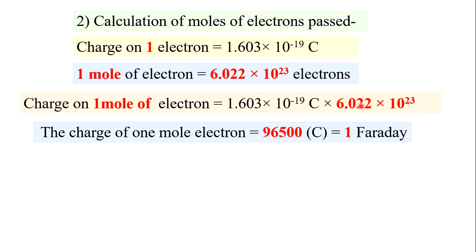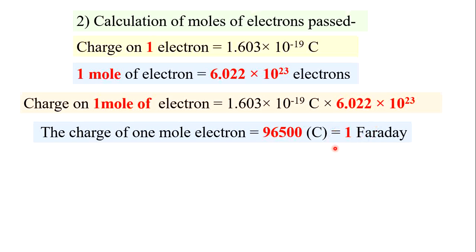This multiplication comes to nearly 96,500 coulombs. So the charge on 1 mole of electrons is 96,500 coulombs. And this 96,500 coulomb is nothing but 1 Faraday.